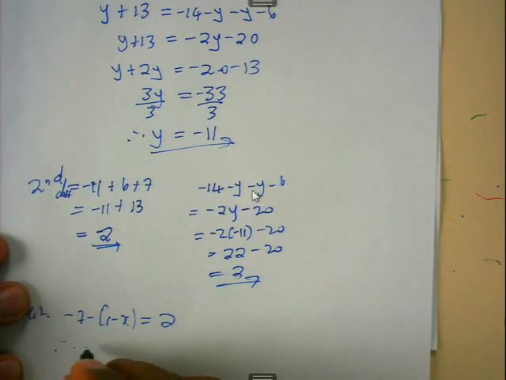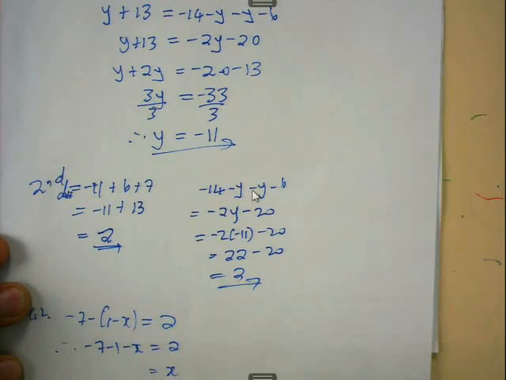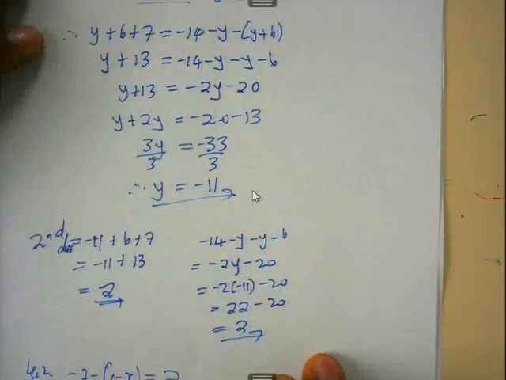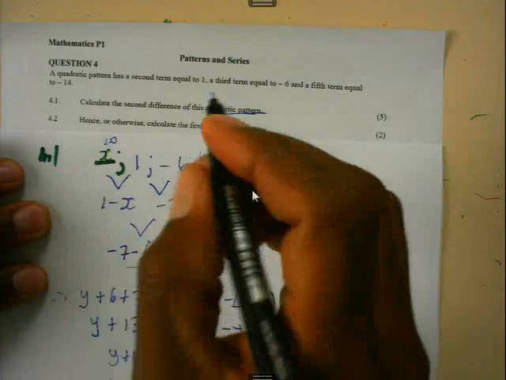Therefore, we simplify to have minus 7 minus 1 minus x is equal to 2. Therefore, x is equal to, here we have minus 7 minus 1, which is minus 8. Now we subtract 2 from it. Therefore, x is equal to 10. Then of course you can see the value of x here will be 10.